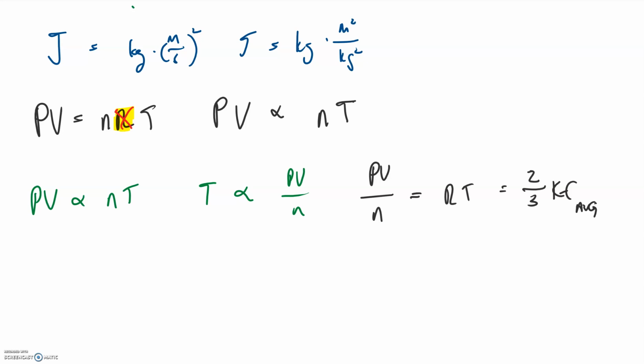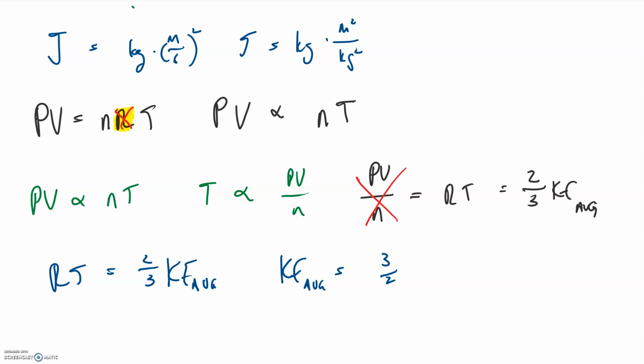Well, if we don't want to mess with any of this pressure and volume stuff, we can simply say this. If RT is equal to 2/3 the average kinetic energy, then the kinetic energy of our average molecule is going to be equal to 3/2 RT.